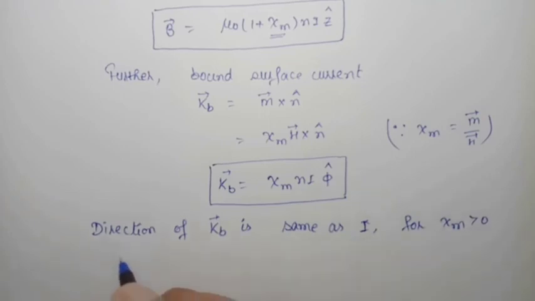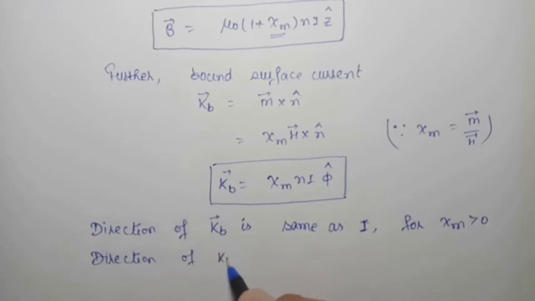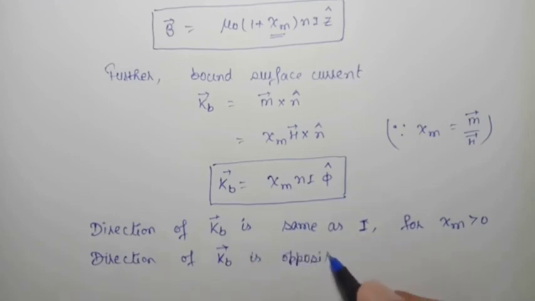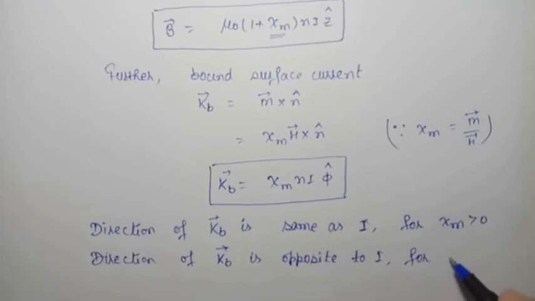And the direction of K_B, the bound surface current, is opposite to I, the direction of current, for materials having susceptibility less than 0.